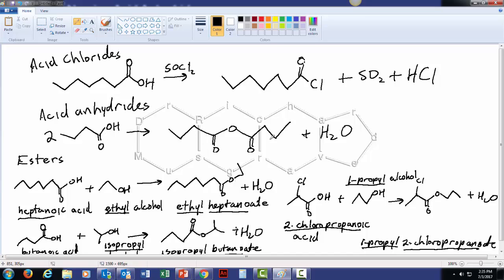We're usually going to be just dealing with the naming of symmetric anhydrides, which are always made from the same carboxylic acid. So you'll notice that we don't need to say that there's 2 of them, because it's always assumed that it's the same carboxylic acid that's used to make both parts of the anhydride. So this would be butanoic acid, and it becomes butanoic anhydride and not dibutanoic anhydride.